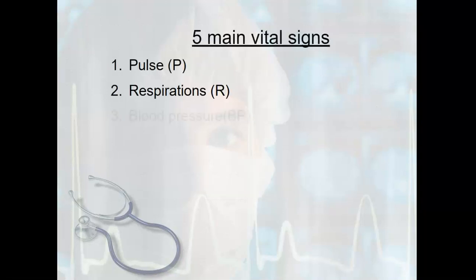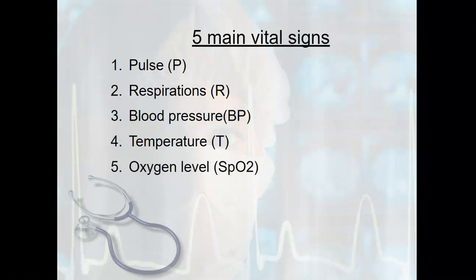The 5 main vital signs that we are going to study in this unit are pulse, abbreviated with a P, respirations, R, sometimes you'll see that as RR for respiratory rate, blood pressure, BP, temperature, T, and oxygen level, SpO2. There are other vital signs that are sometimes measured.